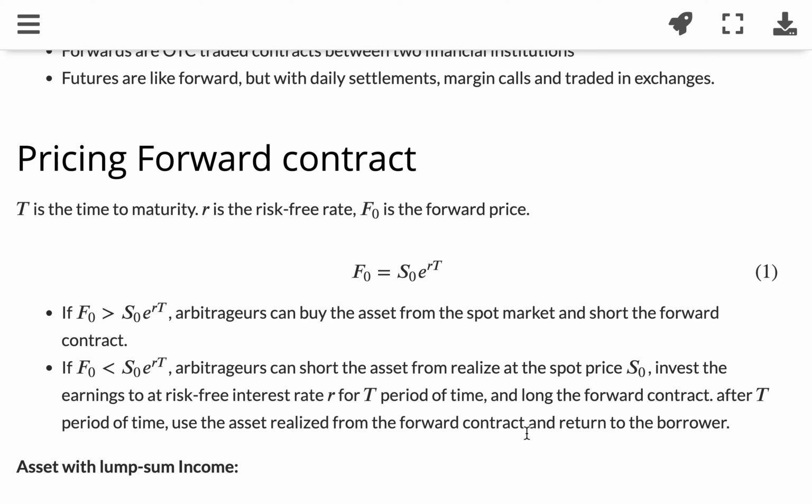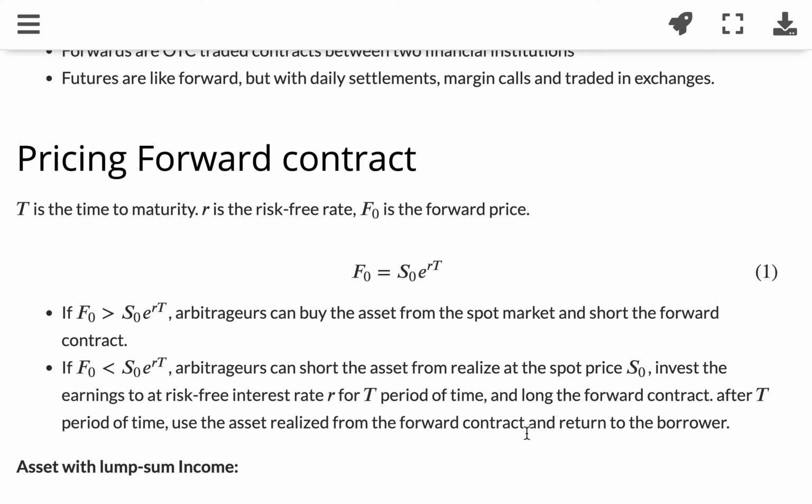So the first thing is, how does the market work? How does the market price forward contracts? I'll simply say forward contracts because futures contracts are similar. So we start from the simplest way.